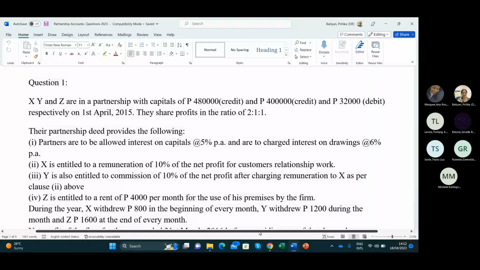Yes. Okay. So sometimes the information of the partnership firms has been given in this order, like question number 1, class activity 1.